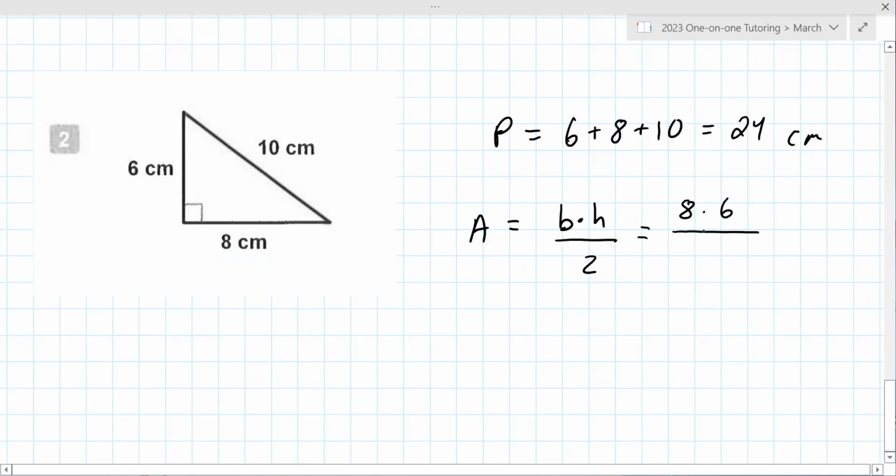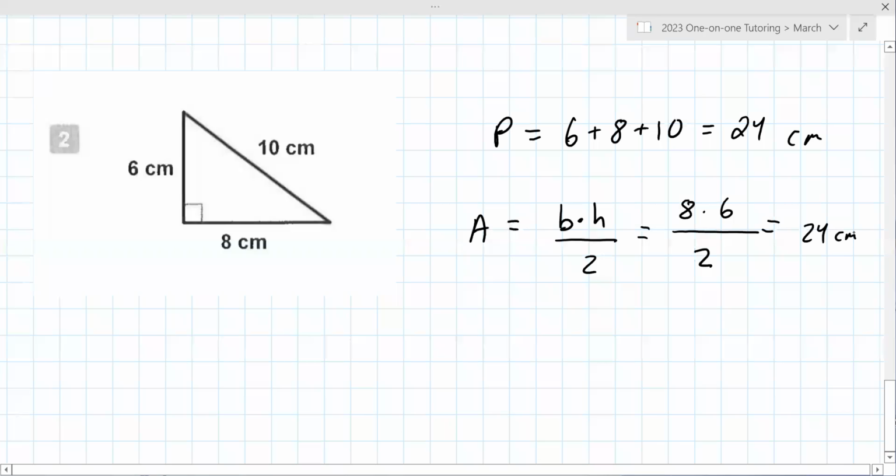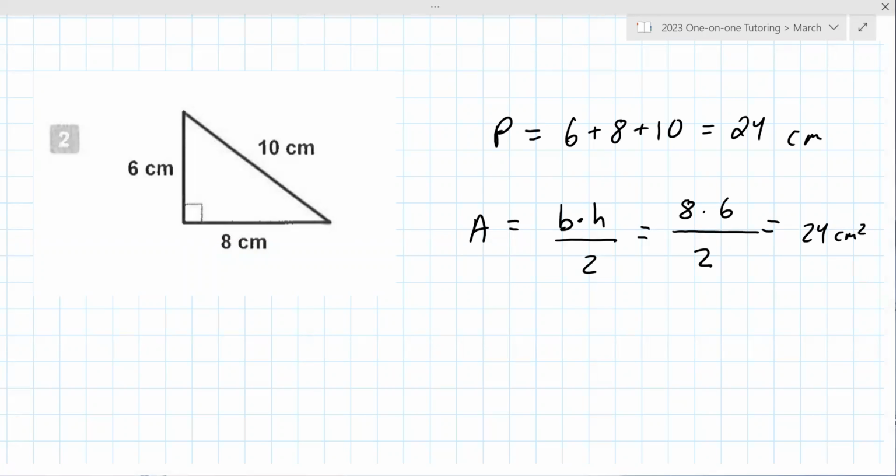So 8 times 6, 48, divided by 2, 24. Would it be 24 centimeters squared? It'd be 24 centimeters squared. Good.